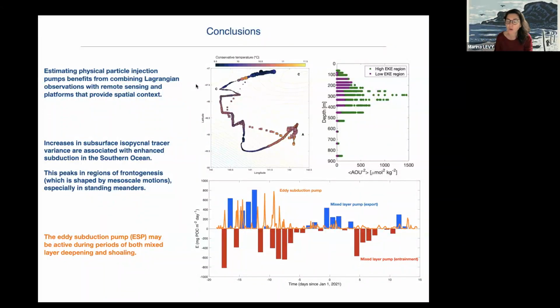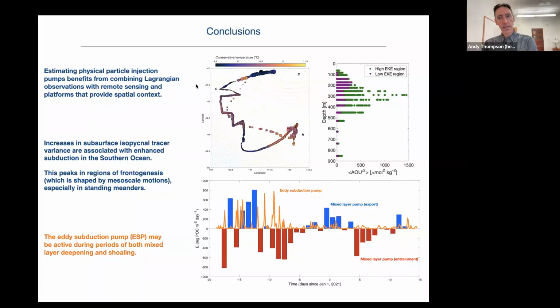So when we estimate them from models directly, we've got compensations between the upward and downward pumps. Right. And so I was wondering if this estimate that you have accounts for this compensation?